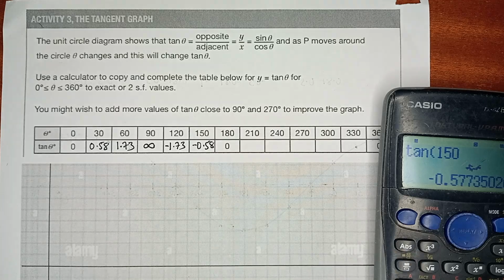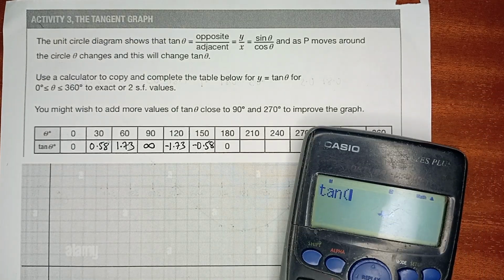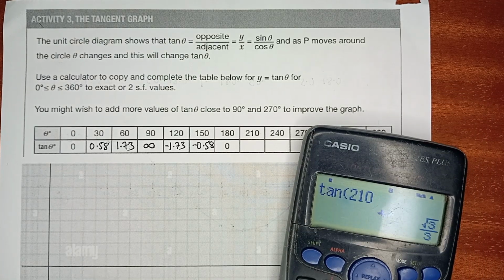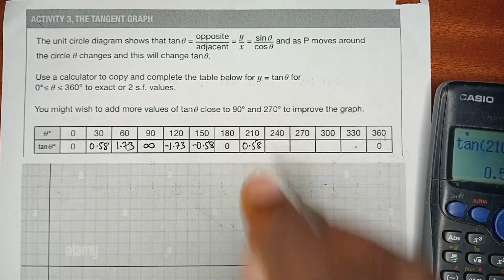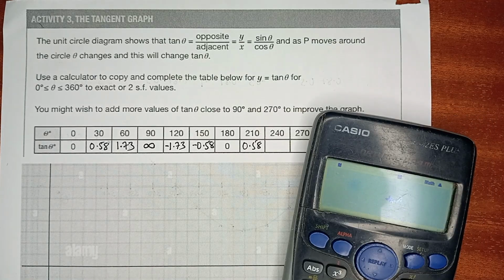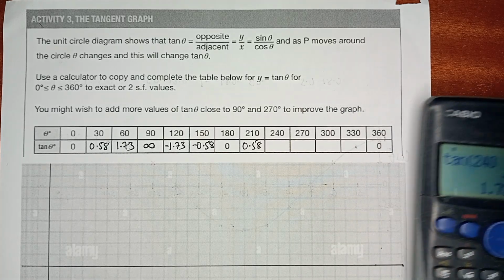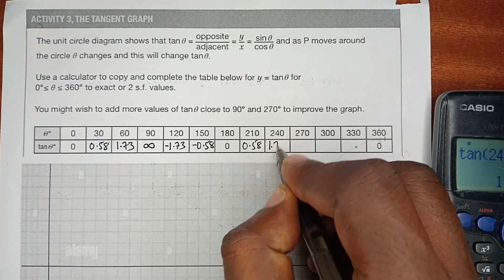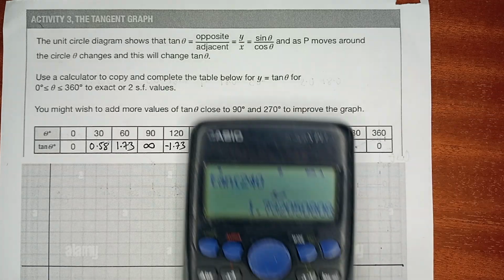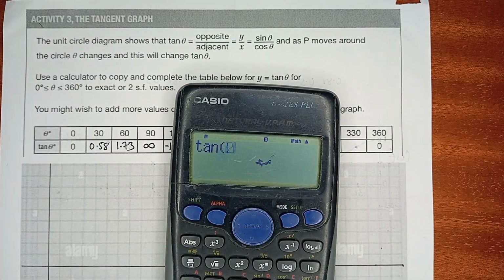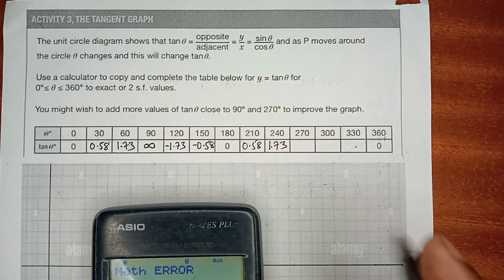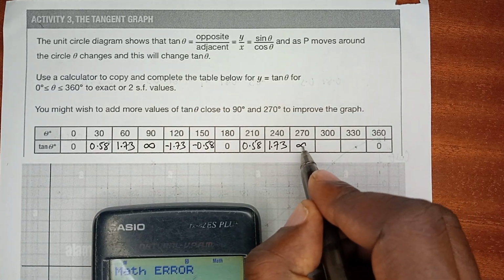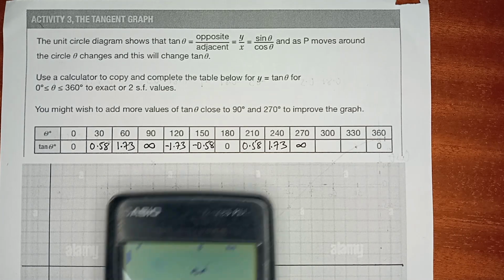The tangent of 180 is 0. The tangent of 210 is 0.58. The tangent of 240 is 1.73. The tangent of 270 is again maths error, therefore it is not known, and it is infinity.